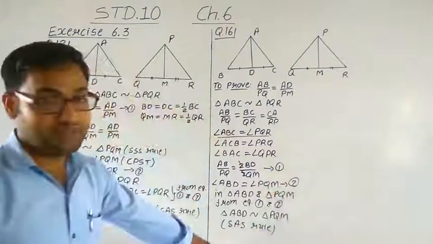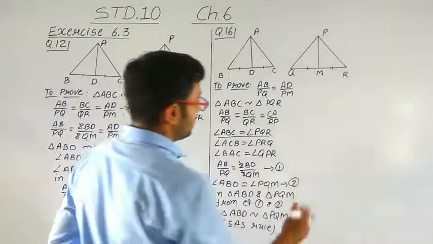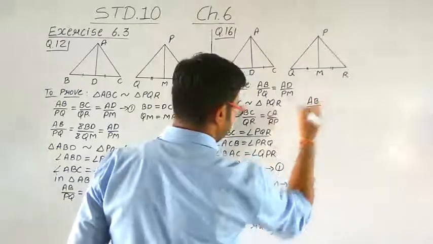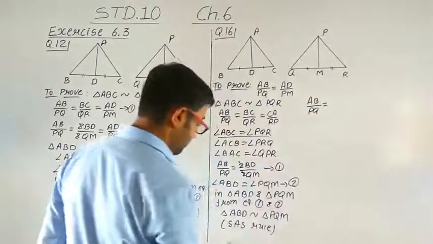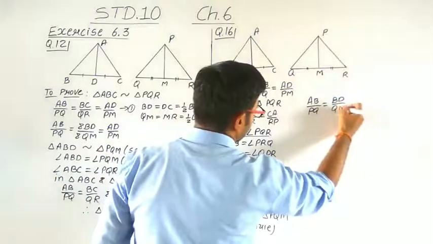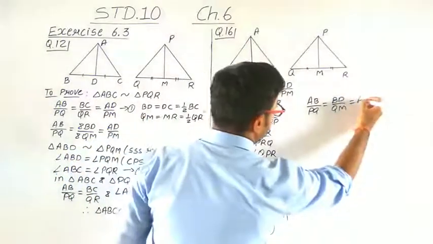The two triangles are similar, so the corresponding sides are in proportion. So here we can write that AB upon PQ is equal to BD upon QM, and BD upon QM is equal to AD upon PM.